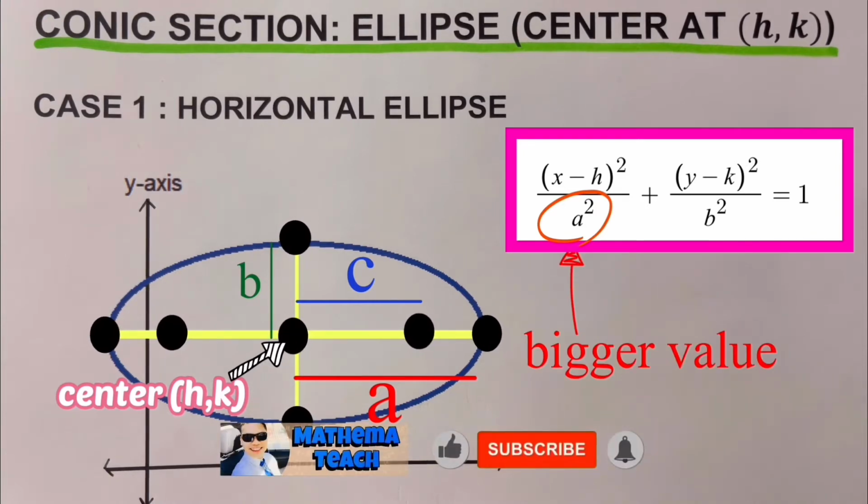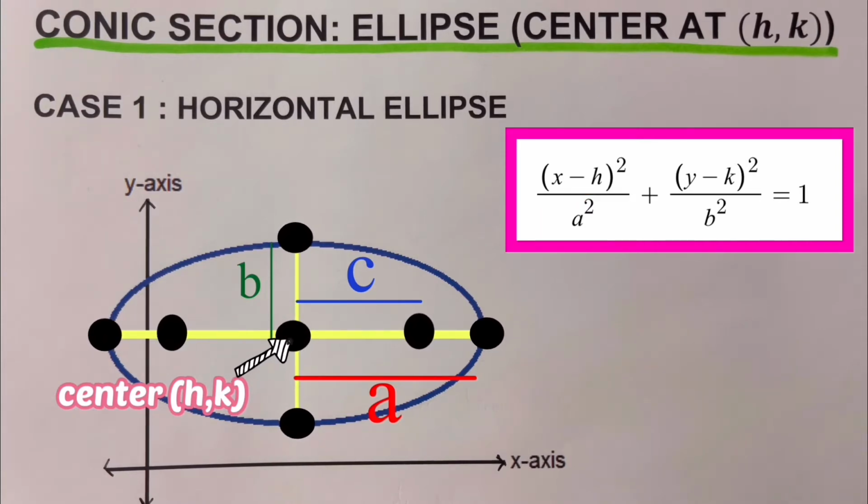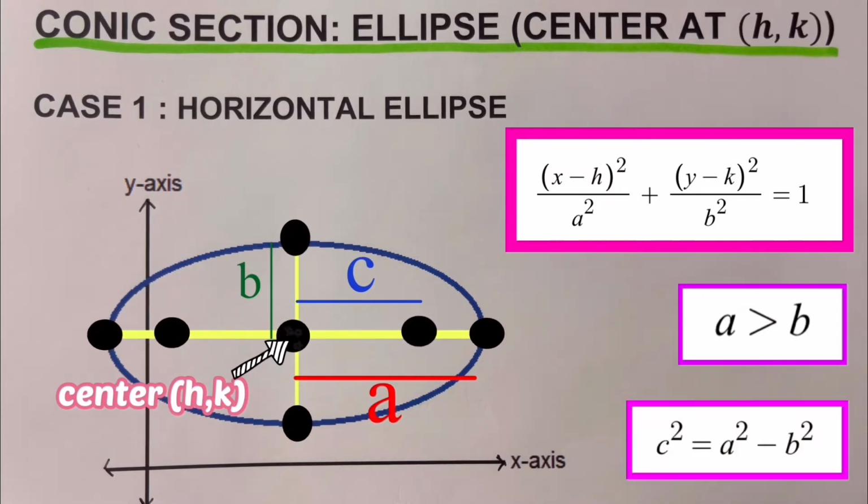The reason for this is because it is a horizontal ellipse. Horizontal means left and right, so the a will be under the x. Now, we also remember that the value for a is always greater than b. And the equation that relates a, b, and c is c squared equals a squared minus b squared.